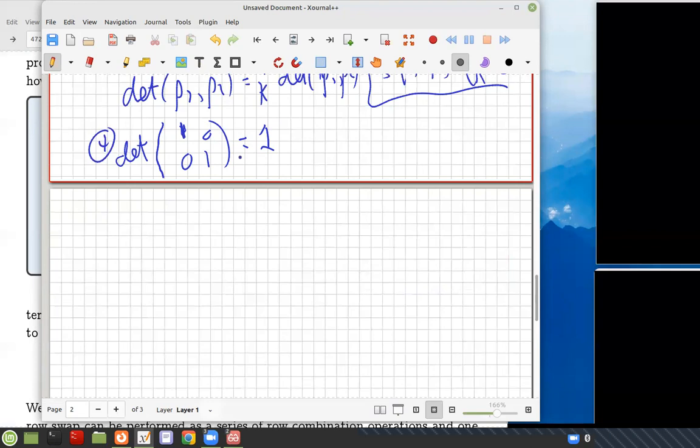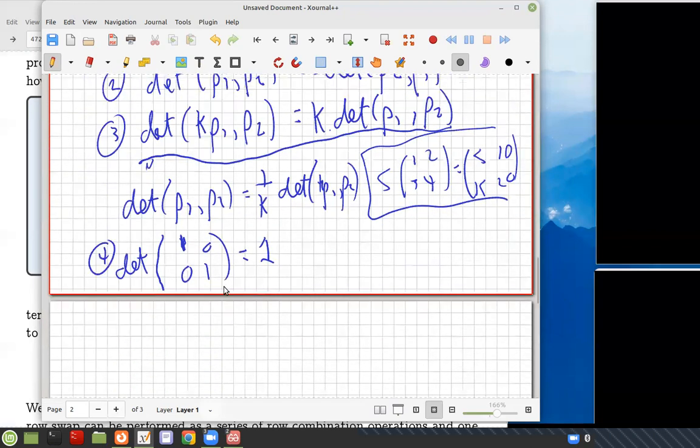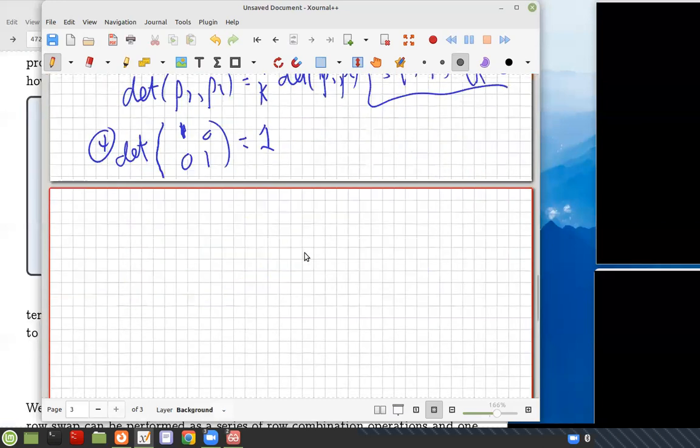Now, let's see what these properties lead to when we apply them to certain matrices. For example, let's see what the determinant of the matrix A, 0, 0, B is.